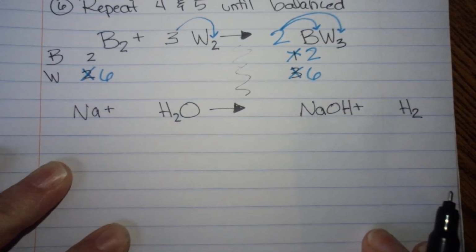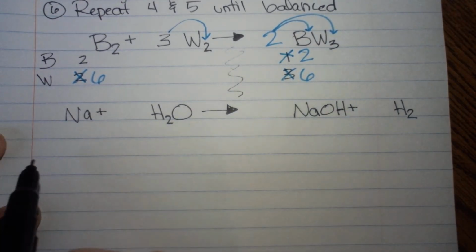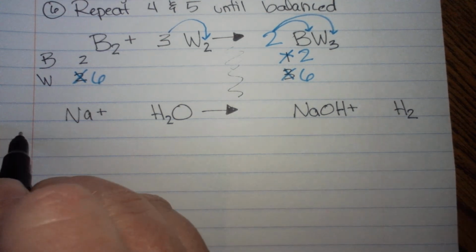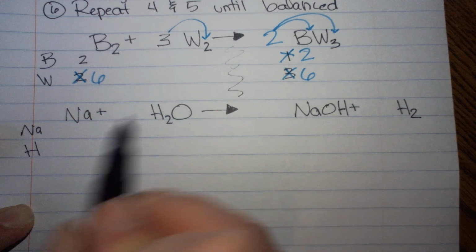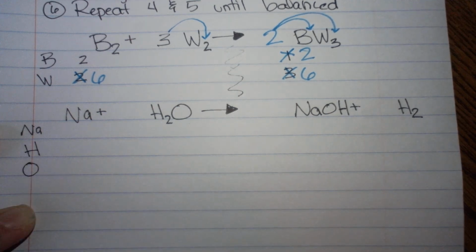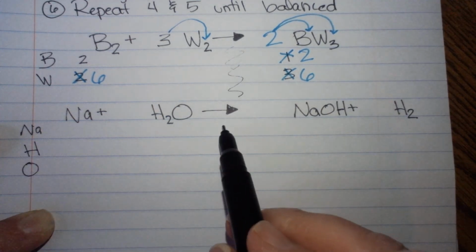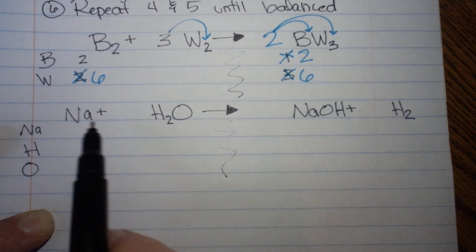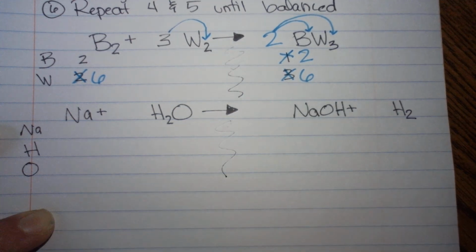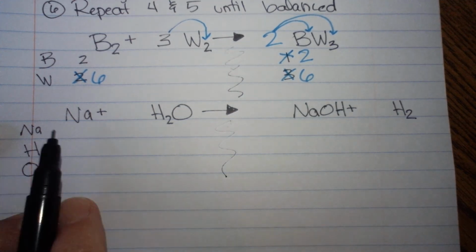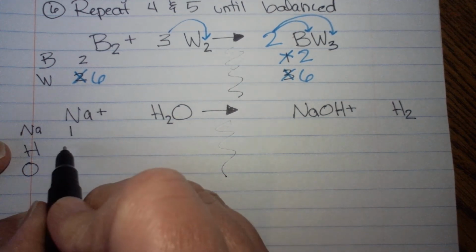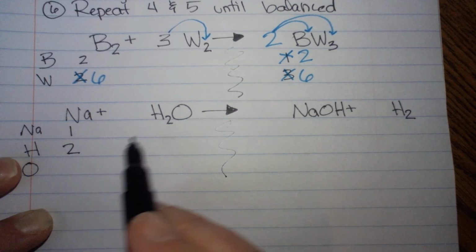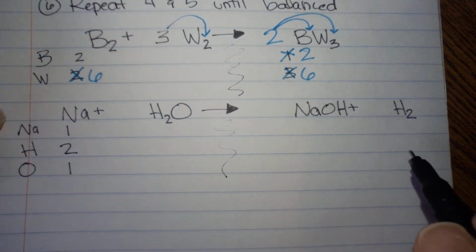Alright, first thing we do, we make an inventory list. So what elements do I see? I see sodium, I see hydrogen, I see oxygen. Alright, and then I say, well, here's the yield sign, so I need to look at the reactants and the products. I have 1 sodium in the reactants, I have 2 hydrogens in the reactants, I have 1 oxygen.